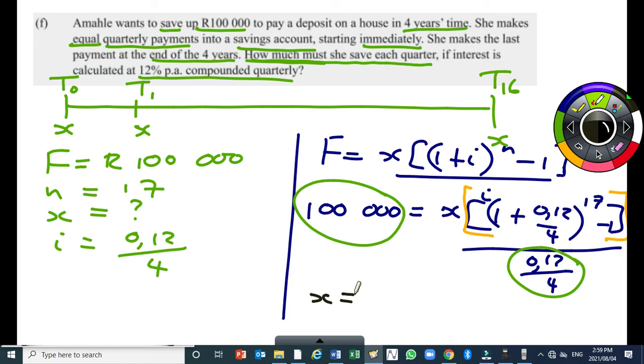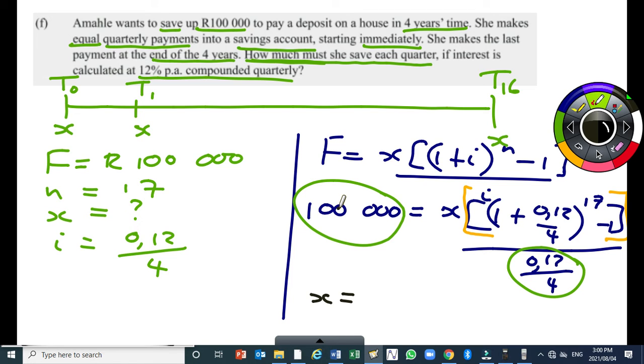Please, if you feel that maybe you're not getting this part, you can raise your hand, then I can redo it. So I'm going to repeat what I'm doing. I want to calculate X. So first thing, from my knowledge of equations, I need to multiply this denominator by 100,000. Then I need to divide both sides of the equation by whatever is inside the square bracket.